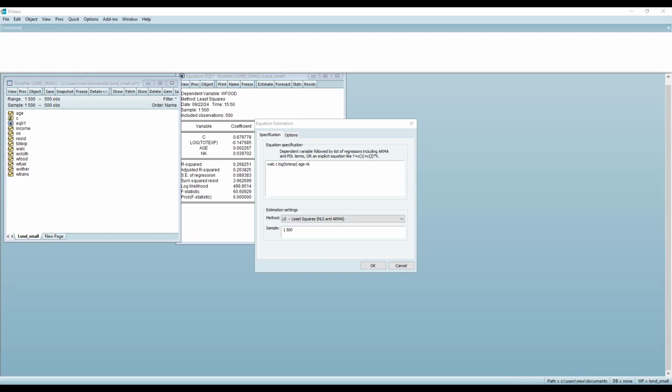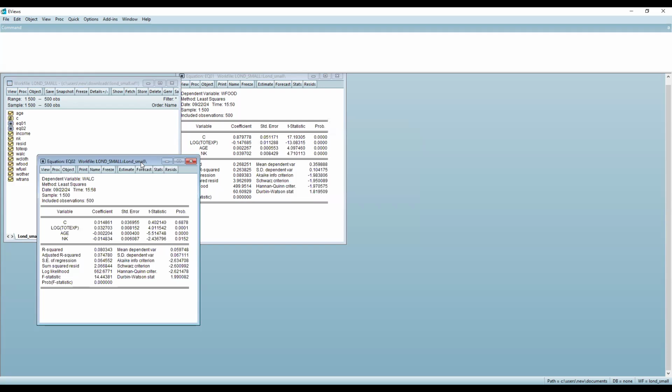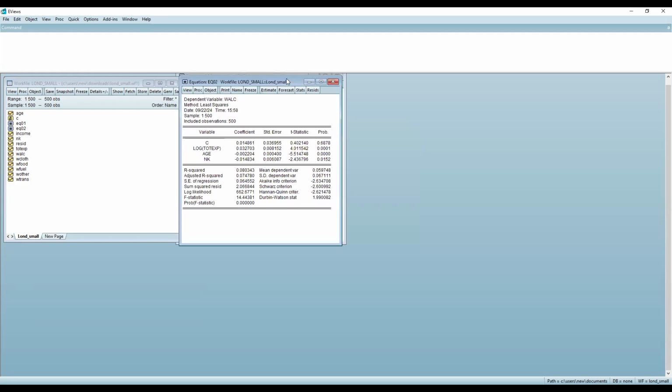Okay, so after you have done it, please click OK. And this is the result. Very similar. But after you get the result, what should you do first? You have to see the significance F again. You have to do it automatically. So the significance F is less than 0.05, which means the first step is okay.